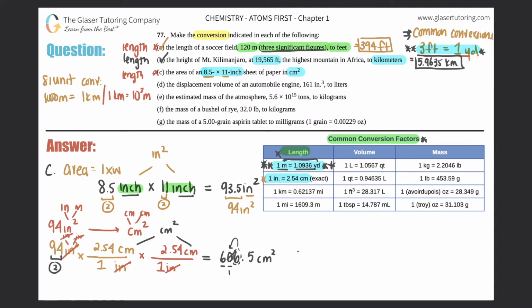So it would be 610 centimeters squared because I need a placeholder. The decimal's here, so I need a 0 here. Okay, and that's the answer to C. So this would be 610 centimeters squared. Check that one off. Moving on.